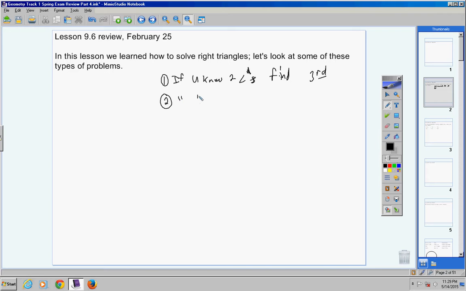Ditto marks: if you know two sides, find the third side first. So sometimes you'll be given a triangle in which you know two angles. Sometimes you'll be given a triangle in which you know maybe two sides. Always find that third piece first when you're trying to solve a triangle.